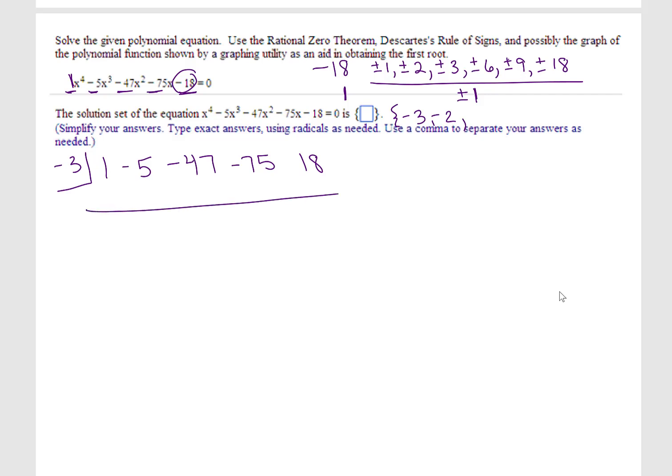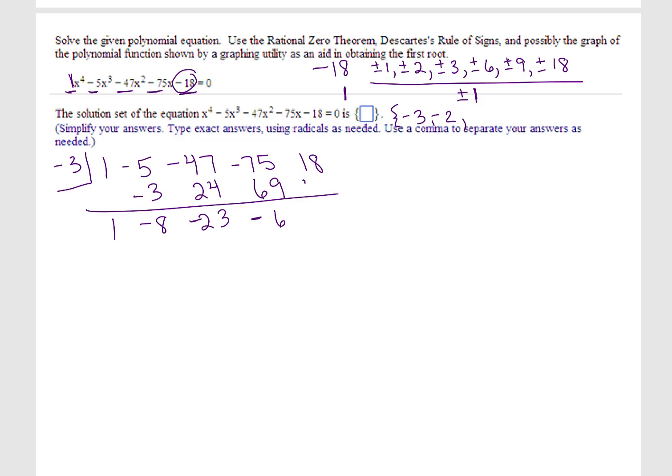Okay, drop that 1, multiply negative 3 by 1, you get negative 3, add, I get negative 8, multiply negative 3 by negative 8, I get 24, add, I get negative 23, multiply negative 3 by negative 23, I get positive 69, add, I get negative 6, multiply negative 3 by negative 6, I get, oh, there it is.